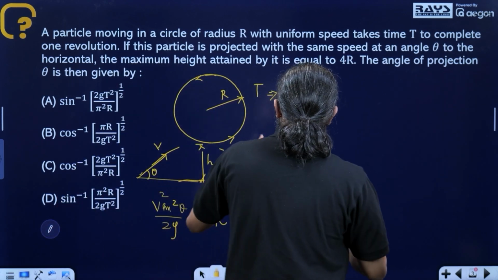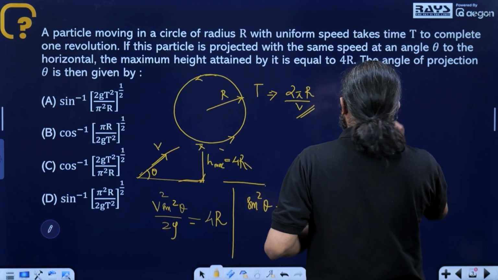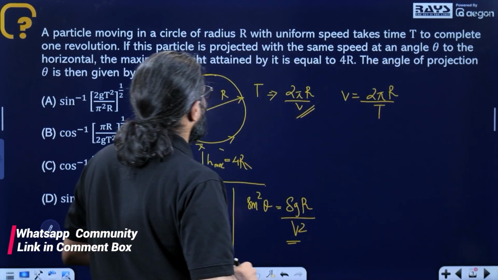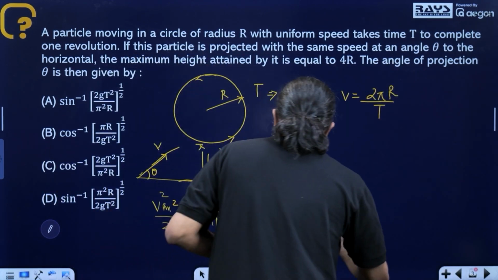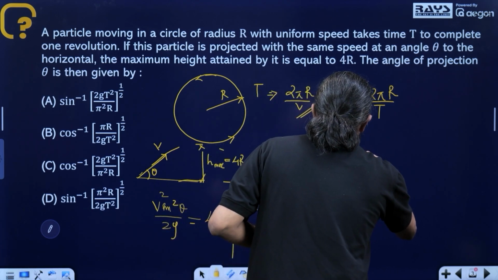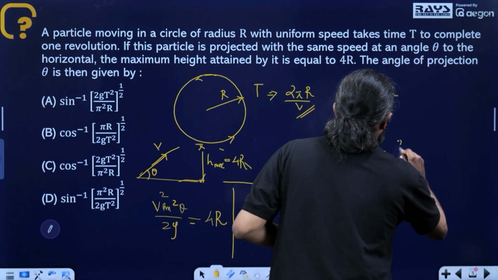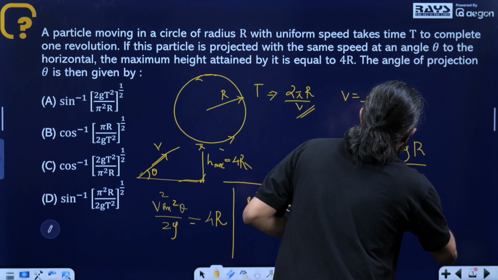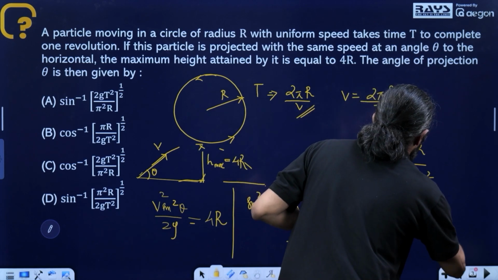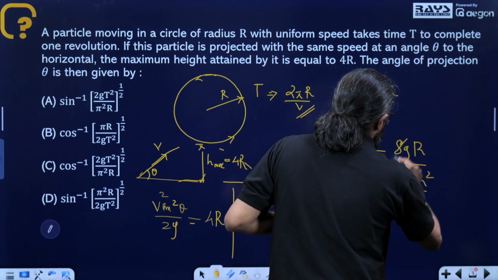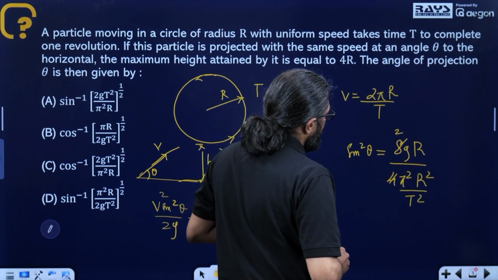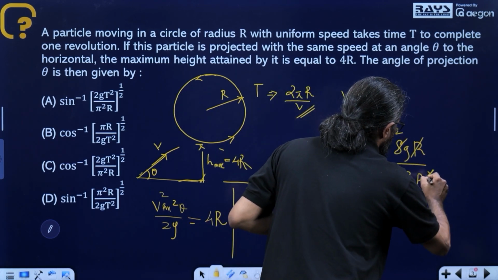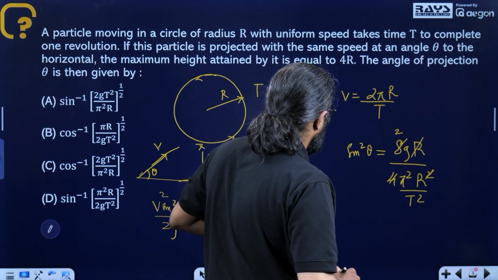Alright, now what do we know about v? V is equal to 2 pi r divided by t, which actually means that sine square theta is equal to 8gr divided by 4 pi square r square divided by t square. 4 cancels off here, leaving 2 on top, and then we have pi square underneath, and 1 r strikes off, gets cancelled off with another r square at the base.